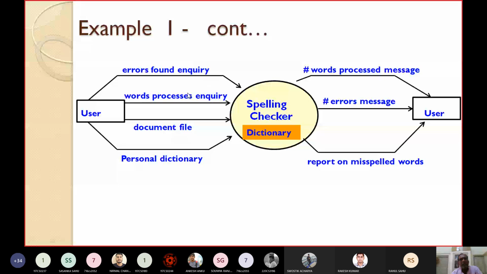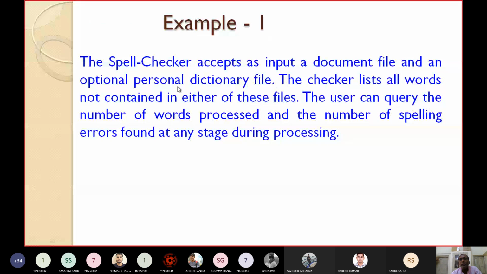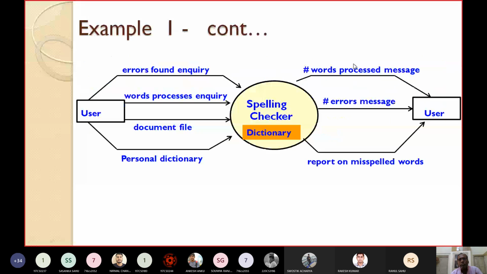I have already told 2 files: the document file and one optional personal dictionary. Then what output may the user expect? Words processed, isn't it? The number of words processed message, the number of errors message, and the reports on the misspelled words. So these may be the outputs.